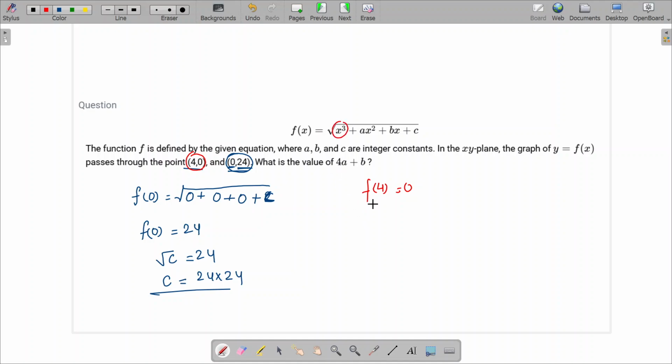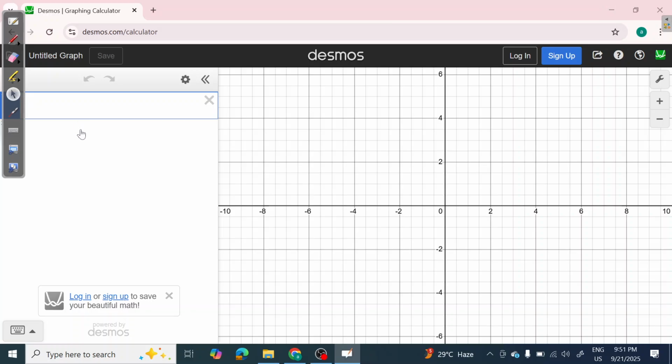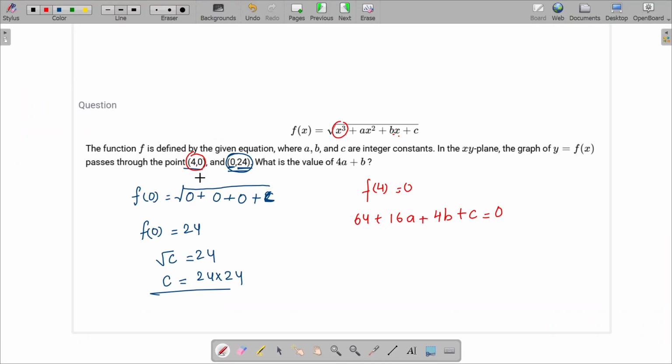This is 4 times 4 times 4, which is 64, plus x squared, that means 16a, plus bx, which is 4b, plus c equals 0. Do I know the value of c already? Yes. You can use a calculator to find 24 times 24, which is 576. So I'm going to write 576 directly in place of c.